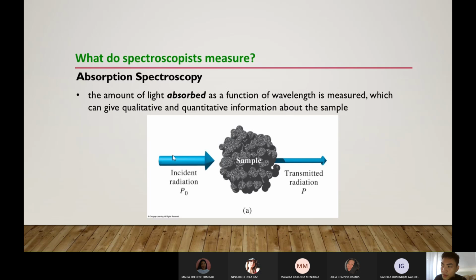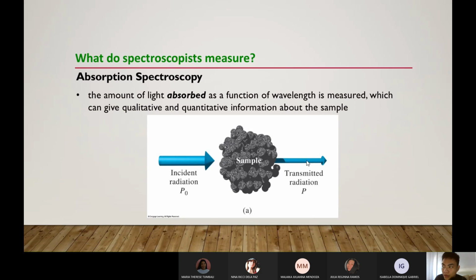If it absorbs some of that energy, less will be transmitted. When it absorbs the energy, only a little will pass through. By measuring how much will pass through the sample, you can determine the quantity or amount of matter inside. That's absorption spectroscopy.